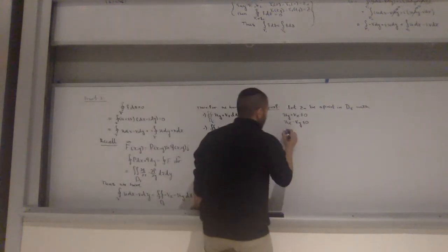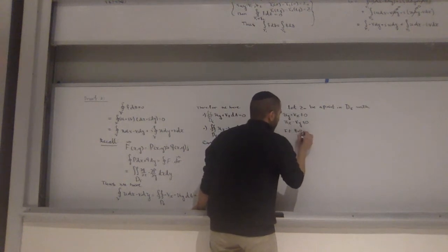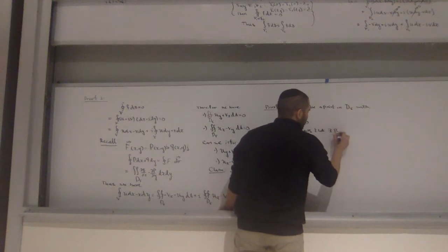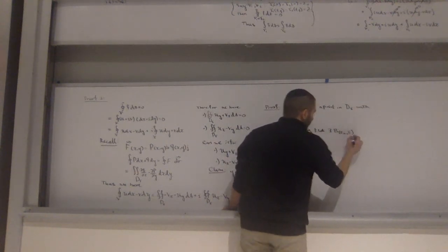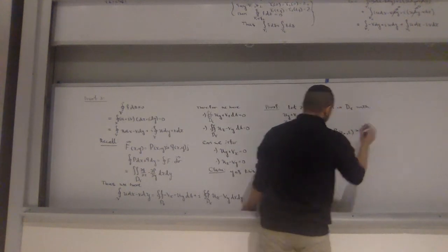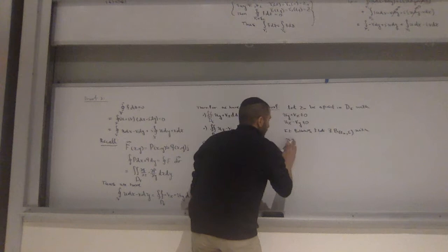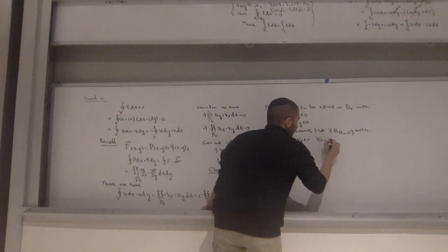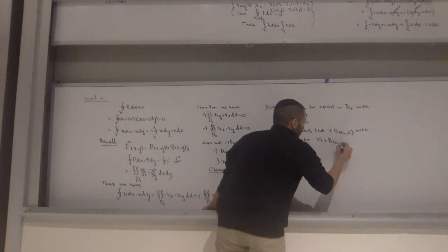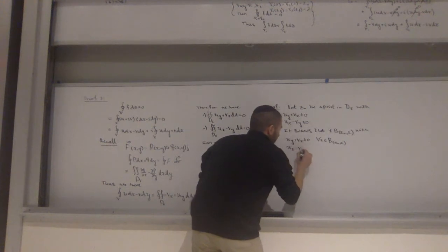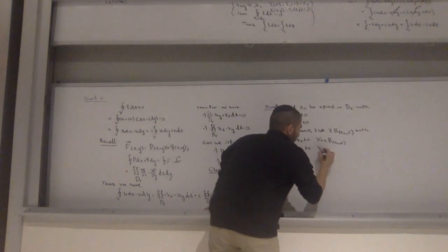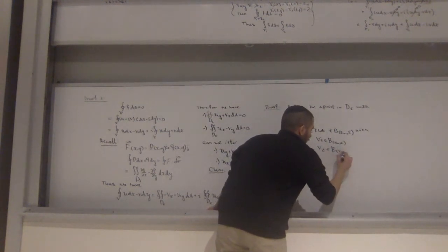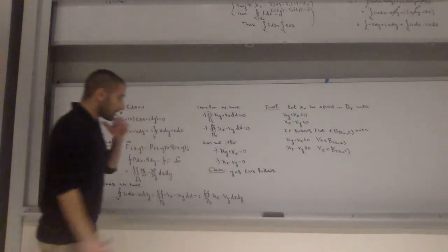It follows that there exists a ball surrounding z naught of radius epsilon with u_y plus v_x not equal to 0 for all z in B(z naught, epsilon), and that u_x minus v_y is not equal to 0, again for all z in B(z naught, epsilon).